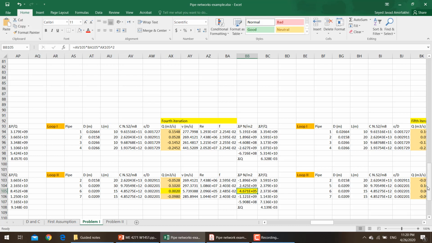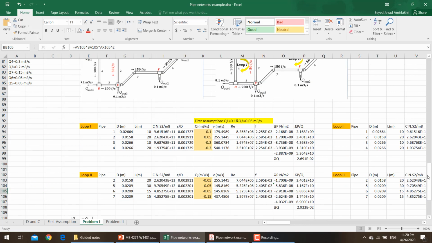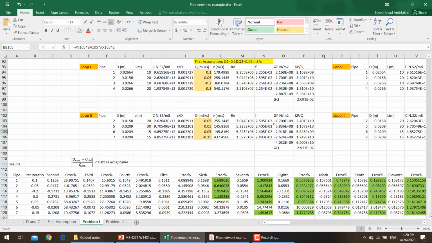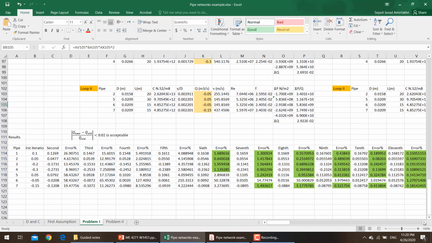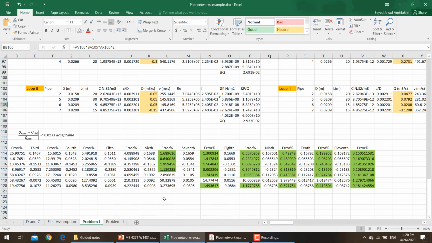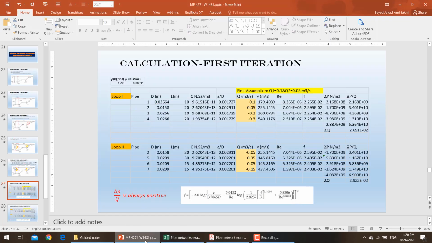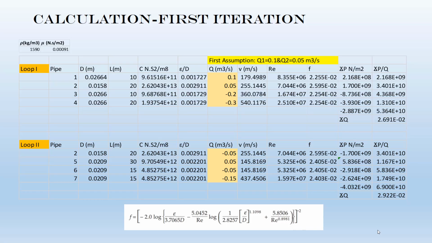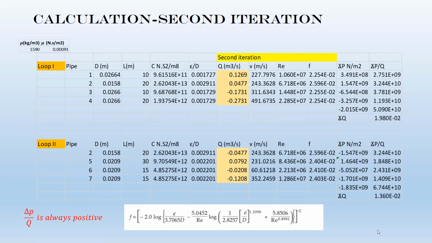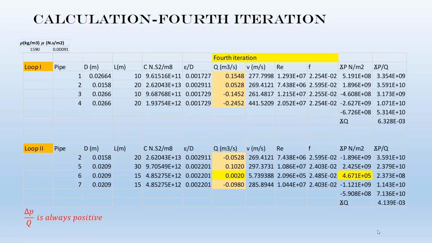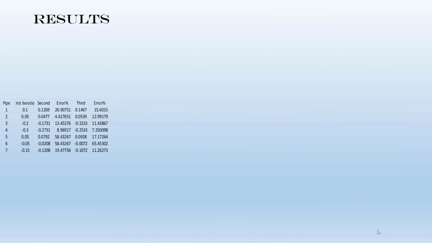So I just repeat this process for several iterations, and then I calculate the Q and the error percentage, and you can see here the results. Here are the results for Q1 equals 100 liter per second, and Q2 equals 50 liter per second.